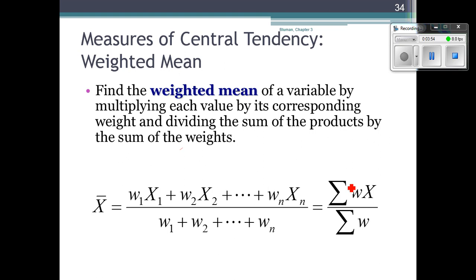And that's why we have sigma of wx. This means add up all of the w's times the x's. And this down here is all of the weights added up. So this is sigma w, all the w's added together. Don't forget what that sigma means.